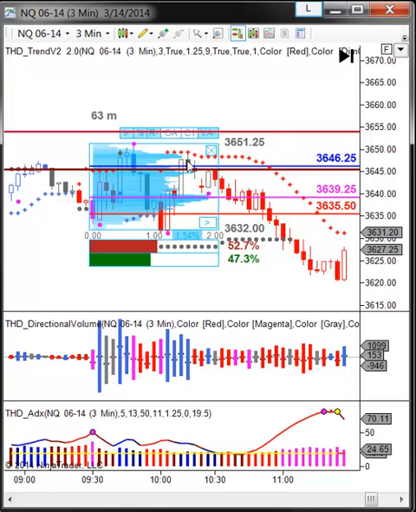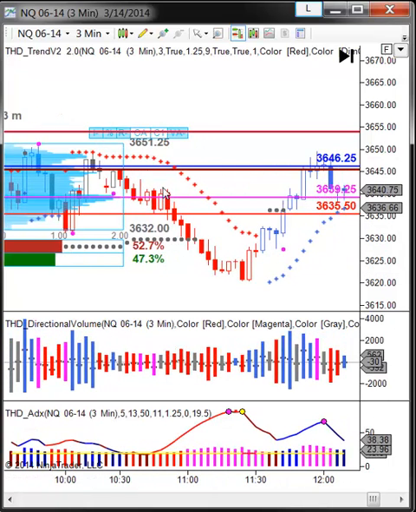So if you missed this opportunity, then of course you could get this opportunity over here. Then the way it played out is it went on down. From my exit point, I think it went down maybe another 10 points. Then we get the magenta peaks. You also had a magenta peak over on the 12-minute. As you can see, it did retrace back to the ATR in the value area high.